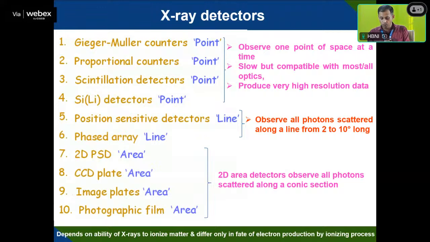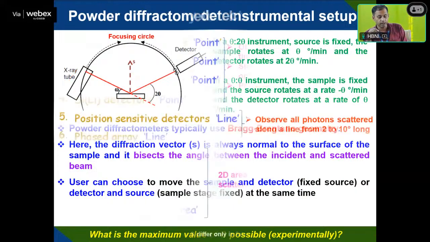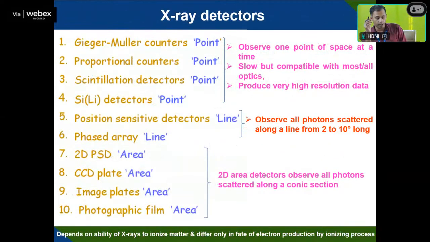Once the XRD pattern is formed and falls on the sample, the X-ray goes to the detector, and the detector gives a spectrum of that X-ray diffraction pattern, which we use to identify the sample. Different types of detectors are used. The detectors can be point detectors, line detectors, or area detectors.